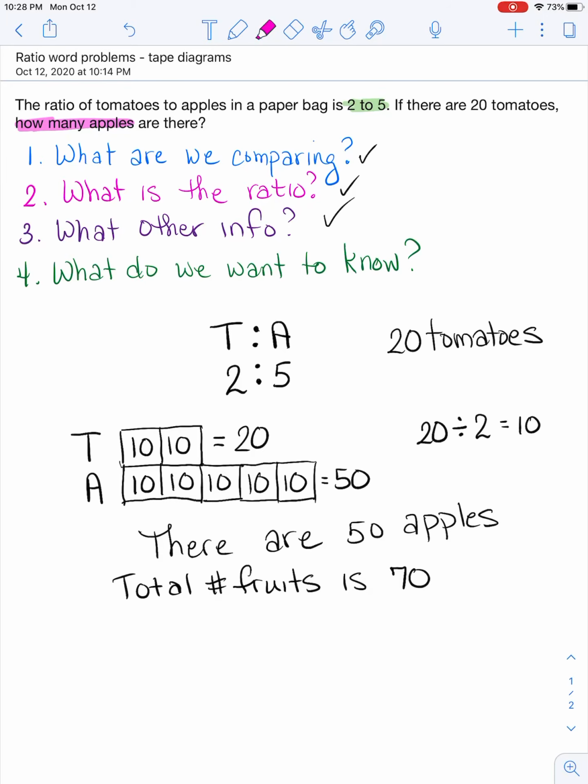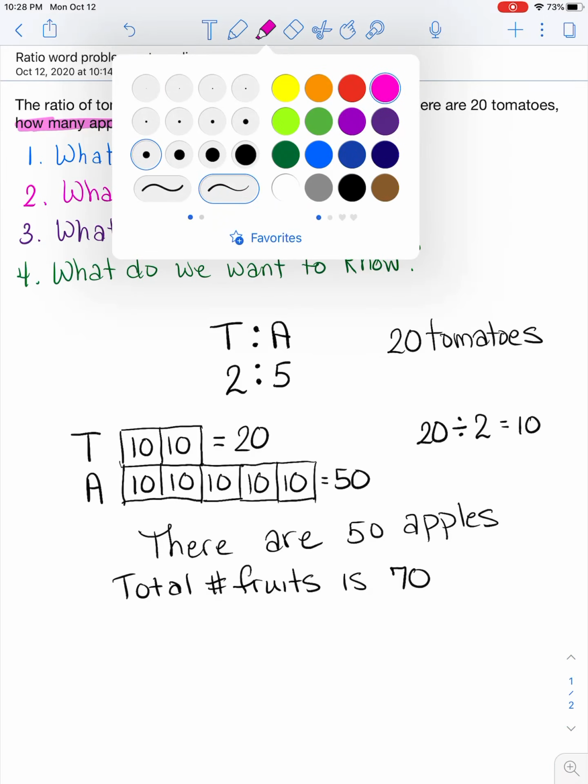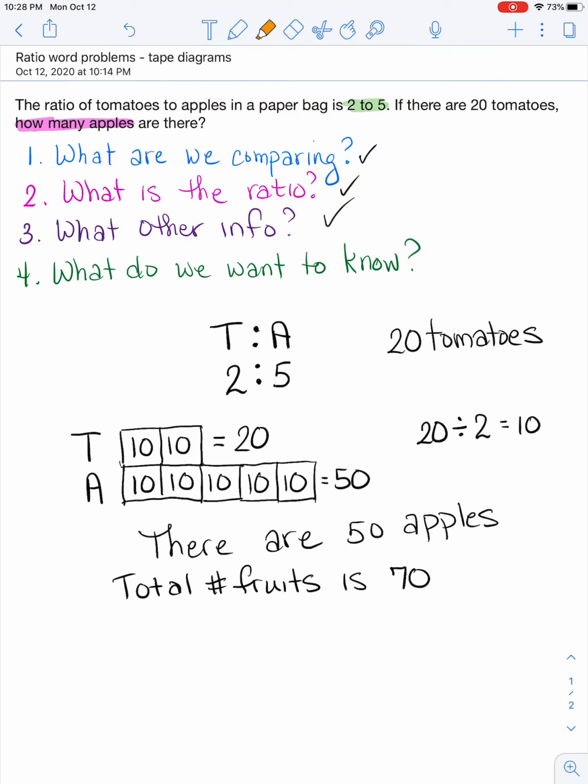Now, what if I asked you, how many more apples are there than tomatoes? Well, do you see that these orange boxes are the number of apples that there are in addition to that first 20, right?